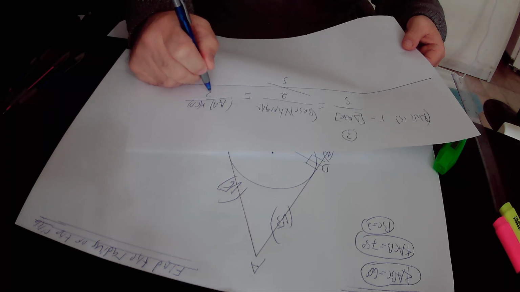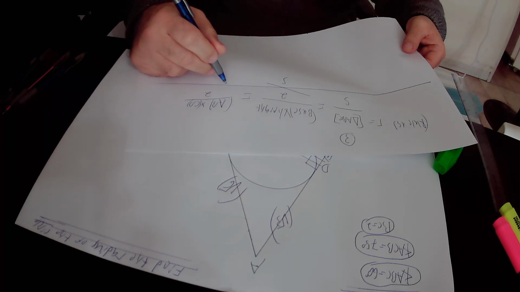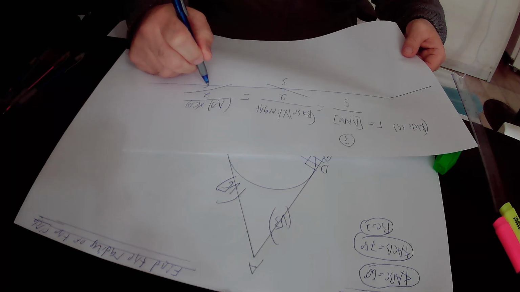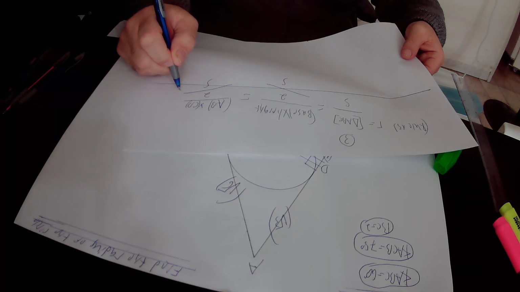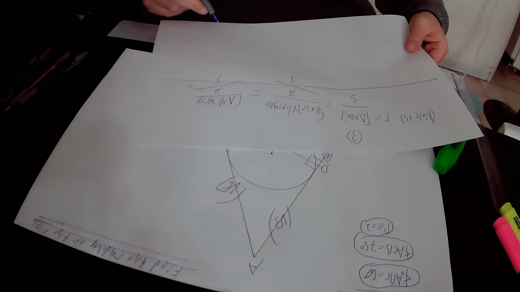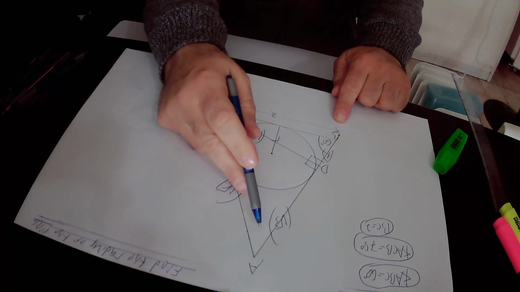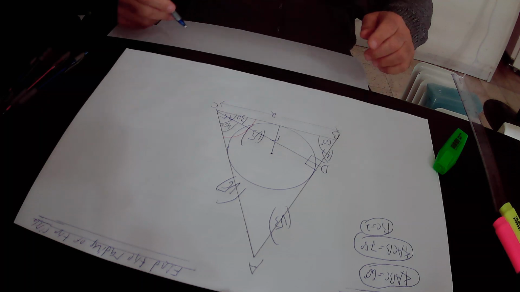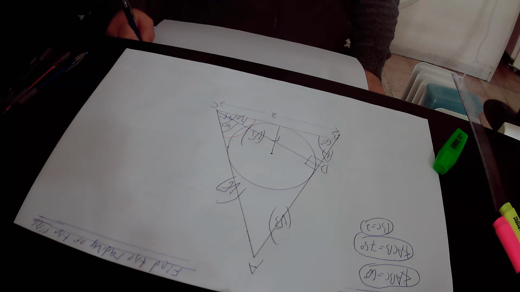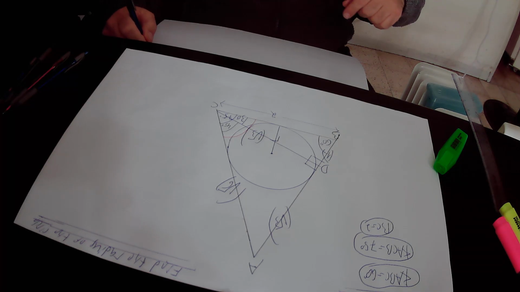divided by 2, all divided by the semi-perimeter of triangle ABC. So AB is equal to 3 plus 1, times CD.